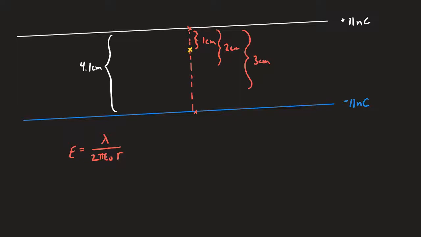The positive charge is pushing this way, and its contribution would be based on being 1 centimeter away from the rod, while I'm also going to have a contribution from the negative one also in this direction, but its contribution being 3.1 centimeters away. That seem okay?